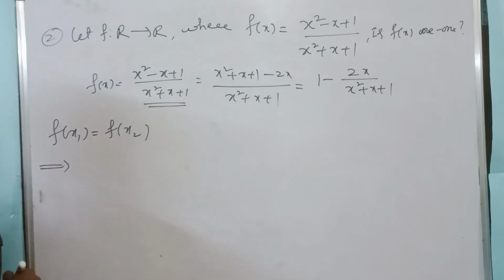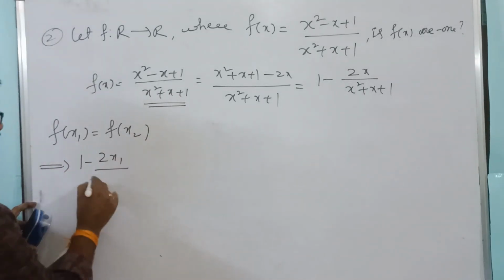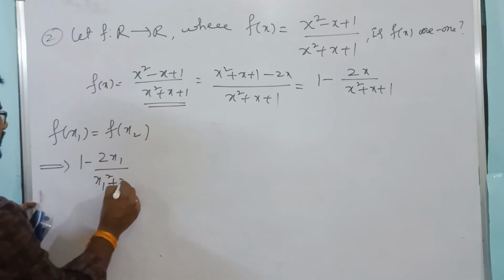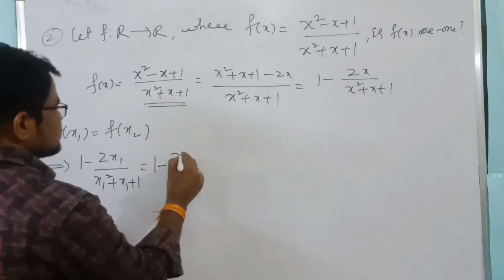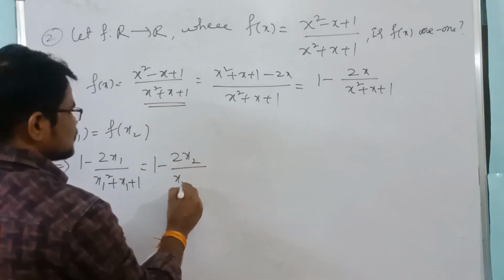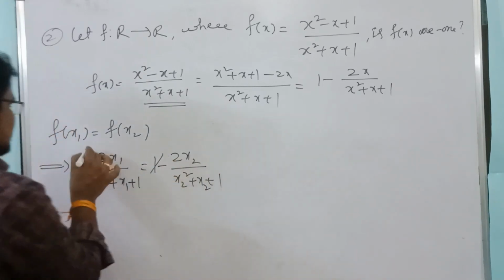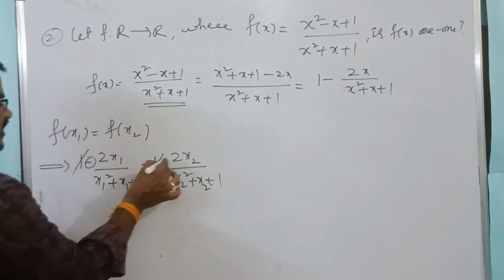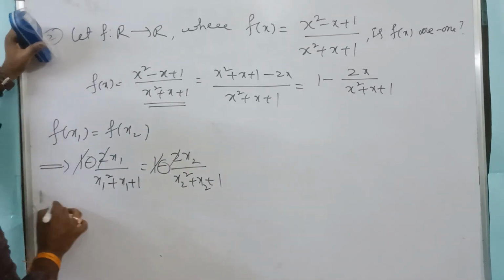That implies 1 minus 2x1 divided by x1 square plus x1 plus 1 equal to 1 minus 2x2 by x2 square plus x2 plus 1. So on both sides, this one gets cancelled and you can remove the minus and the 2 also. So what is remaining?